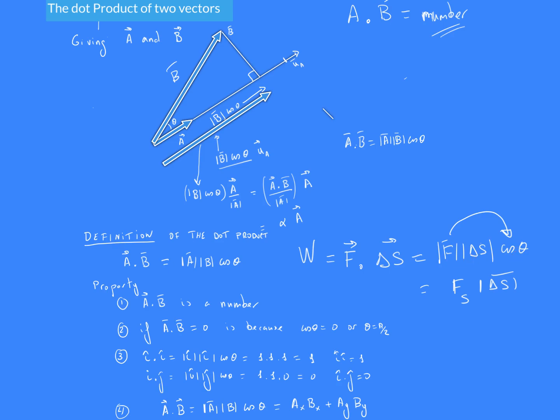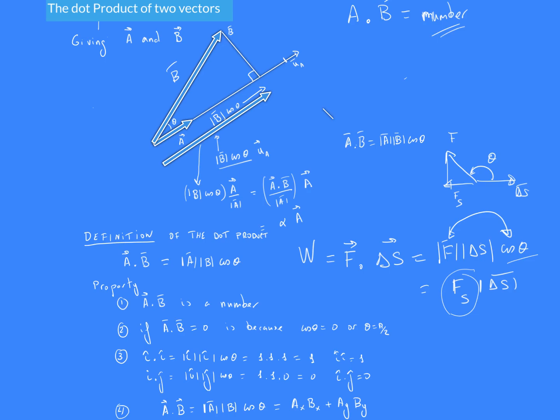In the case that the displacement is going in this direction, and the force is going with an angle that is more than 90 degrees, the cosine of theta will be negative, so the force in the direction of the displacement, the Fs, will be negative. So this is F by cosine of theta.